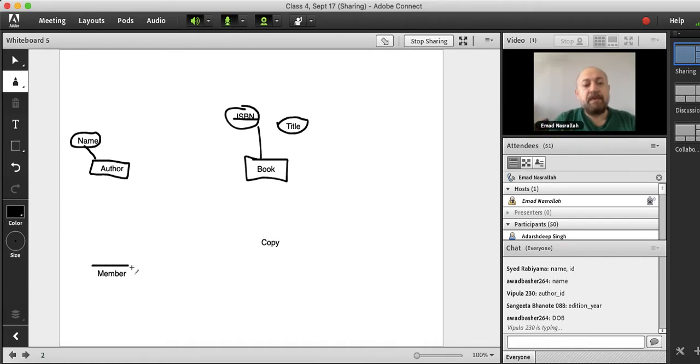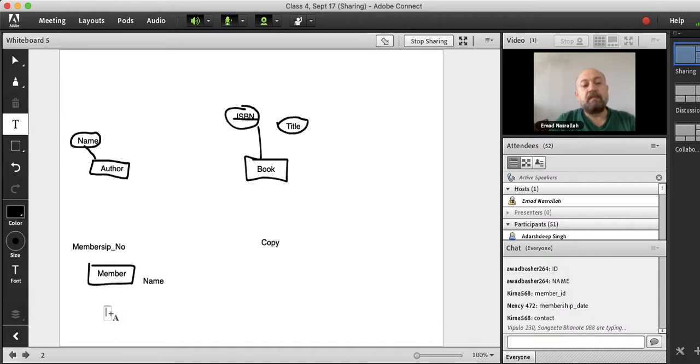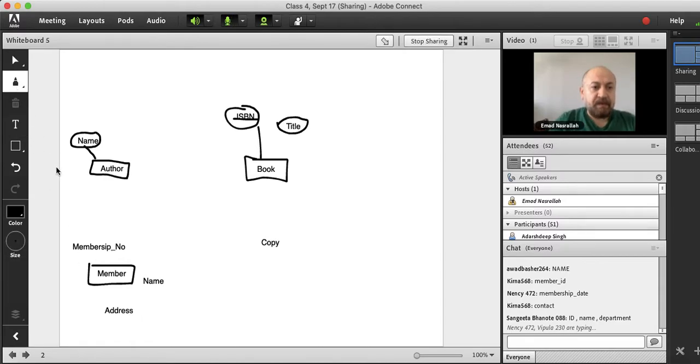Now the member, I mean the person who borrows books from the library. Of course, has a membership number, name, address, and whatever. This is not our concern.